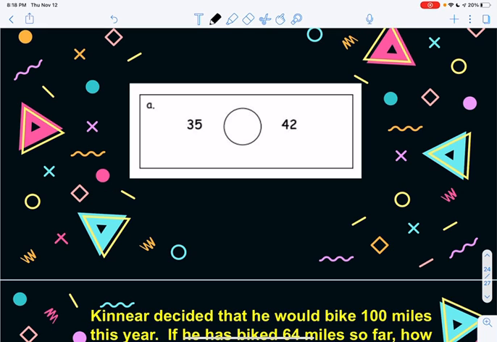Which one is bigger? Well, we have 4 tens here, and we have 3 tens here. What's bigger? 4 tens or 3 tens? 4 tens. You always want to look at the biggest place value when seeing if something is greater than or equal to. That'll be your key.